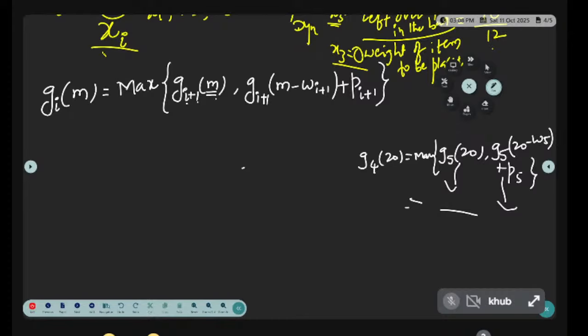Consider a 0/1 knapsack problem with the instances n equals 3, and the weights W1 to W3. n equals 3 means 3 items.